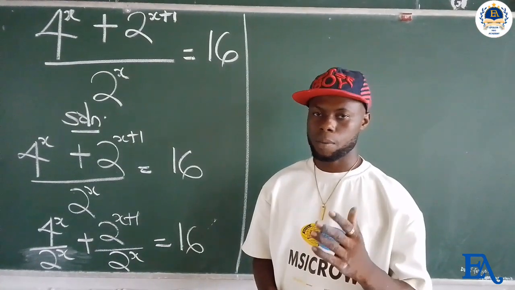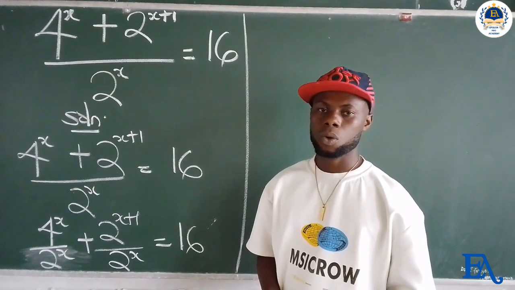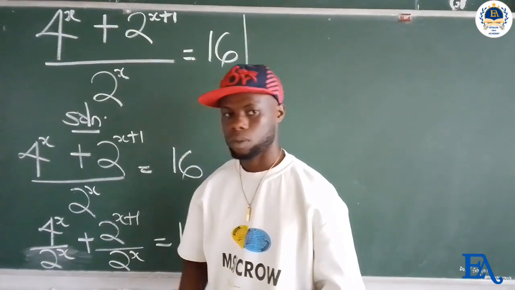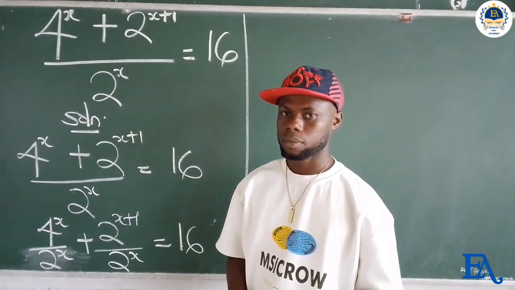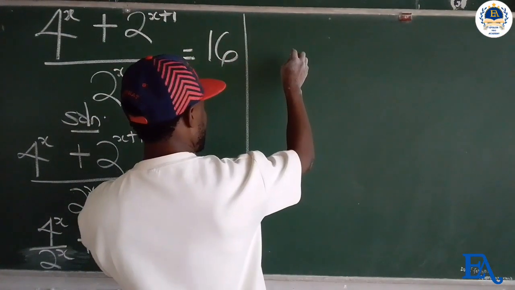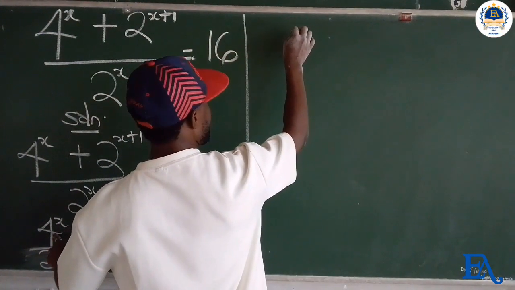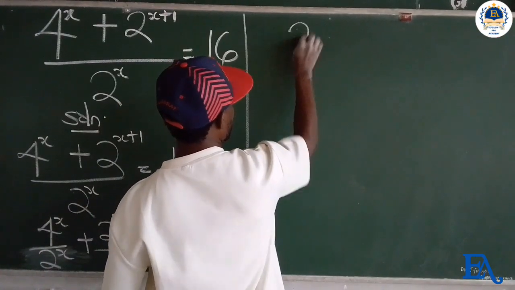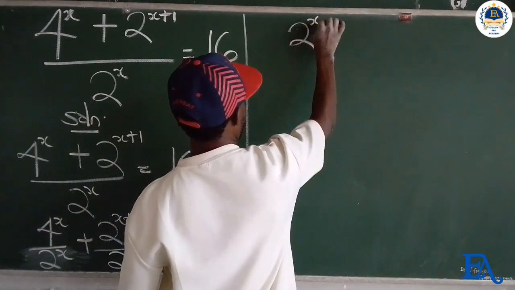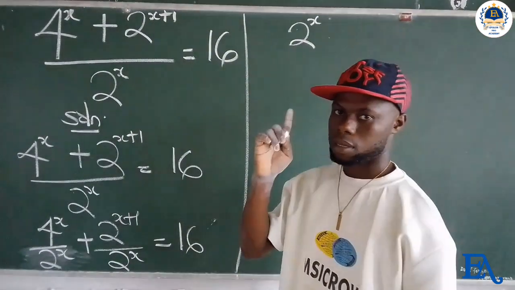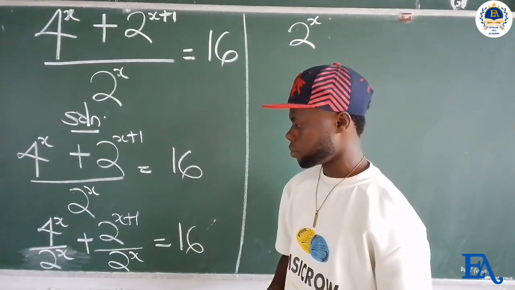Because they are sharing the same power, we can go ahead to divide 4 by 2. So that becomes 4 divided by 2 gives 2 raised to the power of x. Don't forget to put power x after the division.